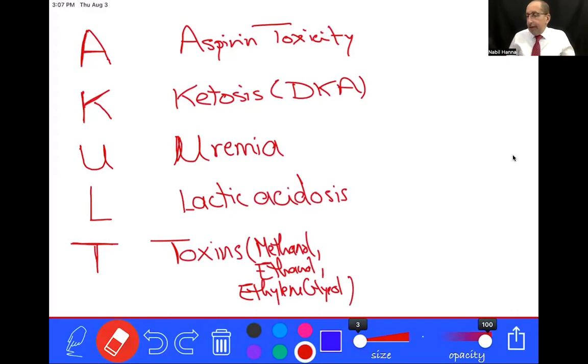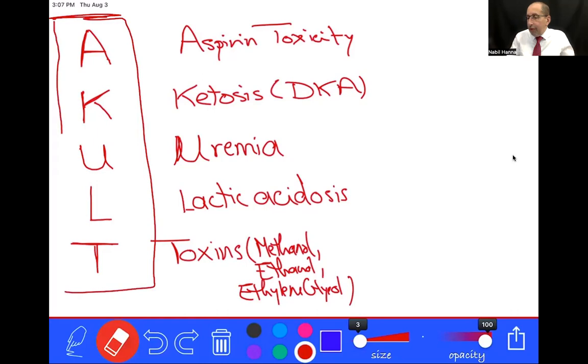What is common among all these A CULT conditions? What is the common factor among all of them? In all of them, there is accumulation of pathologic acids.